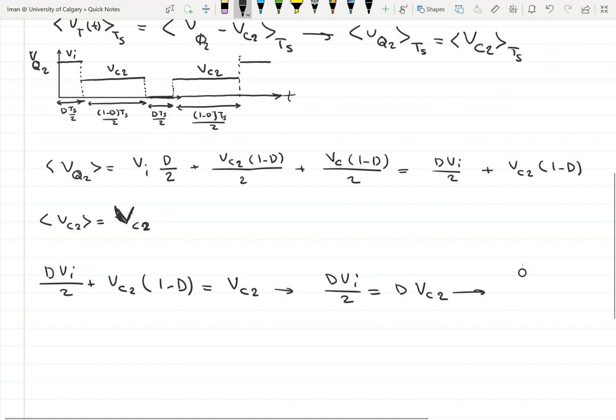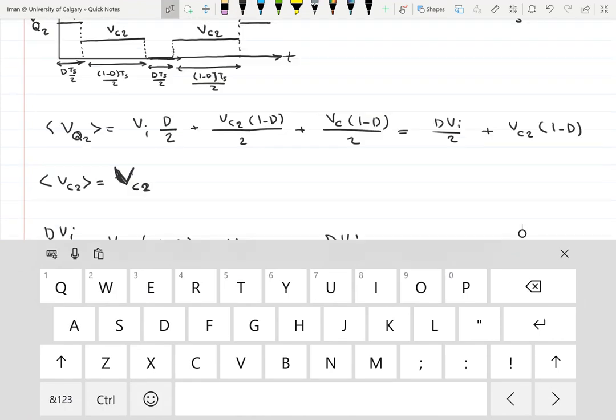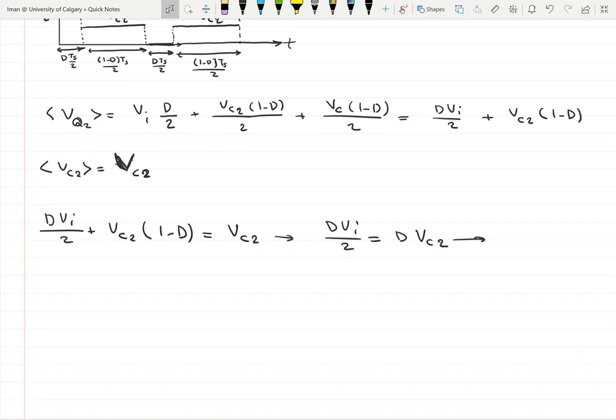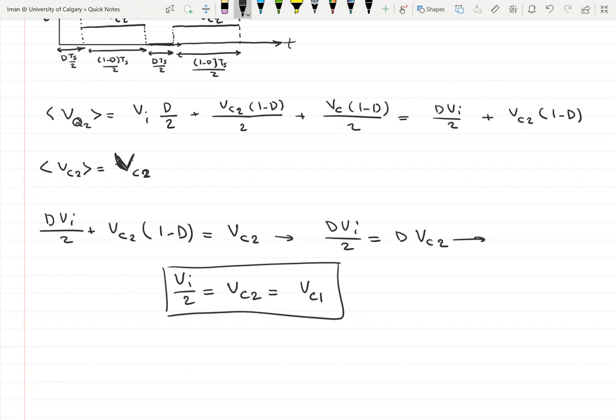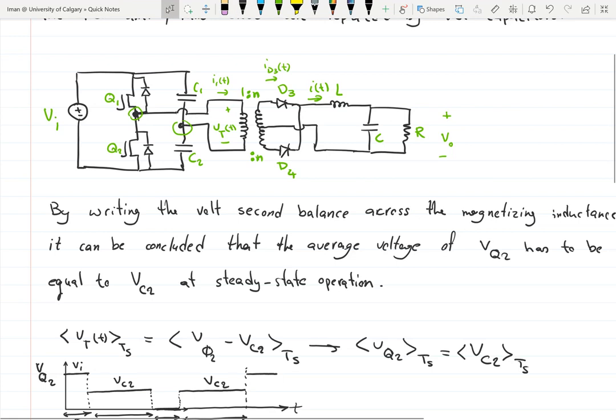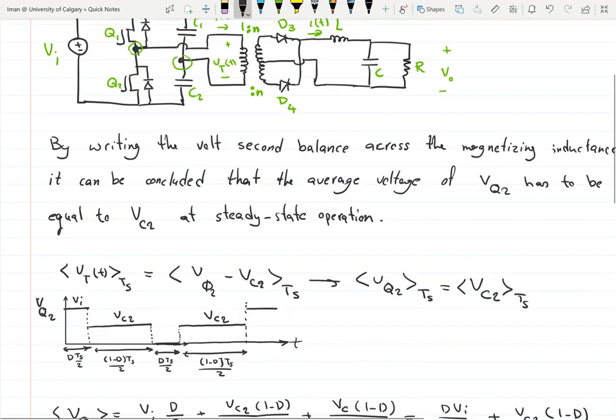Therefore Vi divided by 2 is equal to the voltage across the capacitor, and the voltage across C1. So the voltage that C1 and C2 see in the schematic is half of Vi, both of them.